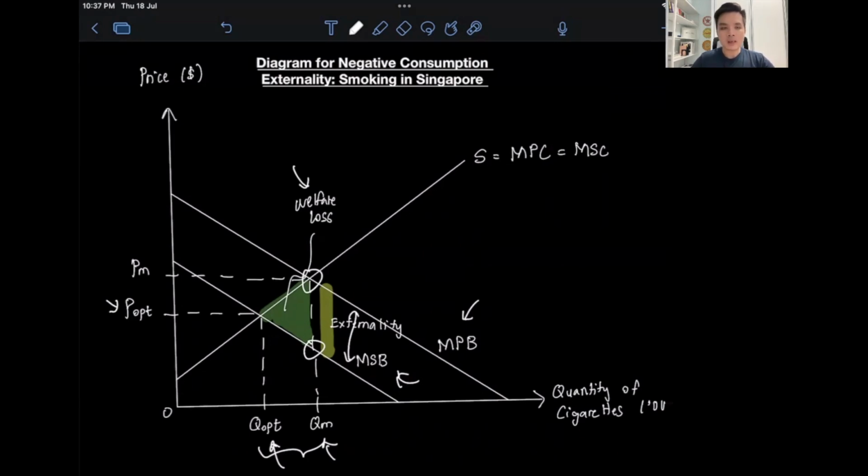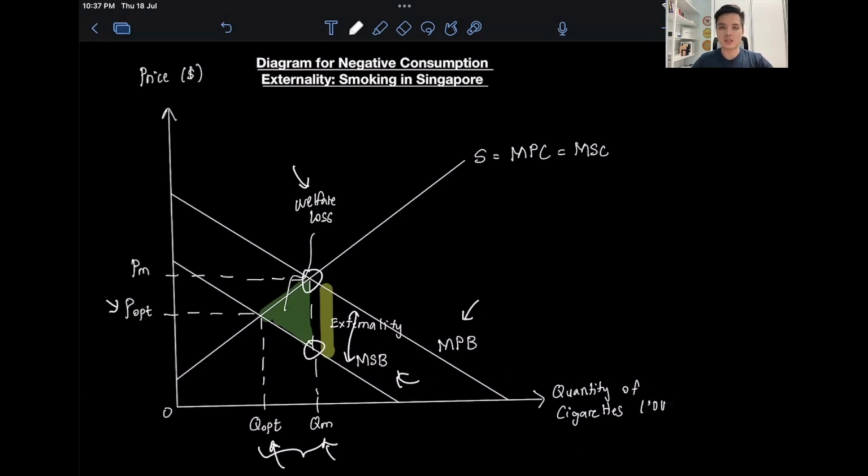The second key takeaway to remember for this particular example of negative externalities is that negative externalities can result from actions by both producers or consumers. When discussing actions by producers, we discuss them in terms of cost because producers incur cost. So the MPC and MSC curves are affected while the demand curve stays the same.